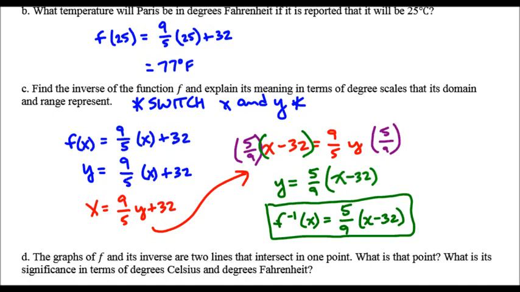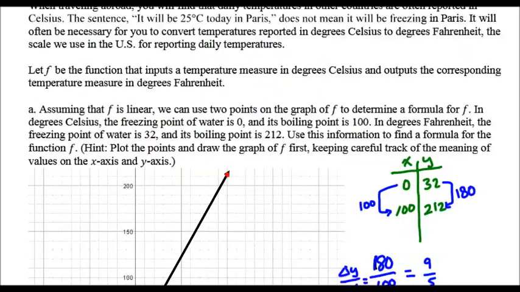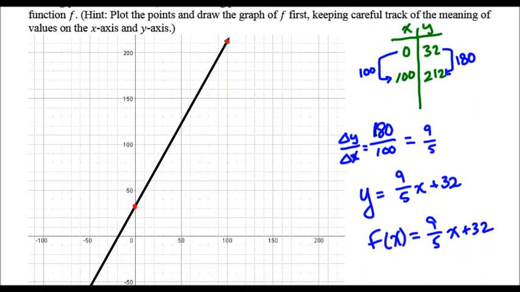Finally, the graph. Well, let's work on the graph of this function. And the way I'm going to do it is just switch the x and y of those points. So let's come back to this function, and let's name this one f of x. And to make the graph of the inverse of f of x, you're just going to switch the x and y of each of those points.